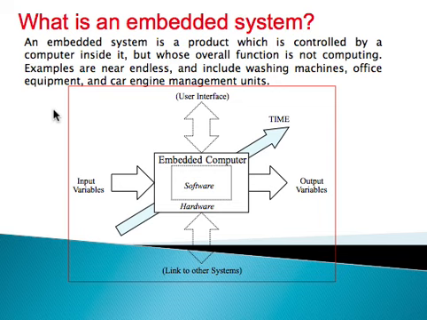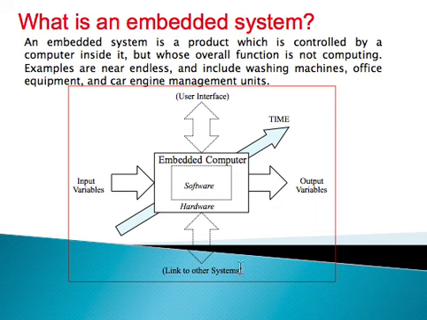These products, for example, include the washing machine, the car engine management system, dishwashers, microwaves, and mobile phones. They can all be classified as embedded systems because they have a computer or a microcontroller inside them, which then controls the functionality of that product.